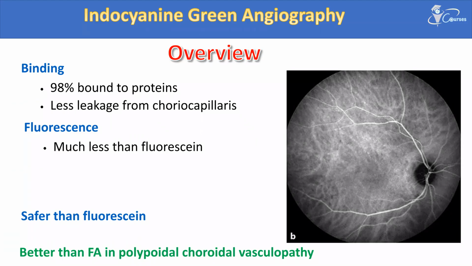It will absorb the excitation light, leading to more delineation of the choroidal blood vessels. This makes it superior to fluorescein angiography in checking choroidal diseases like polypoidal choroidal vasculopathy. This was asked before in the exams: indocyanine green angiography is better than fluorescein angiography in polypoidal choroidal vasculopathy.